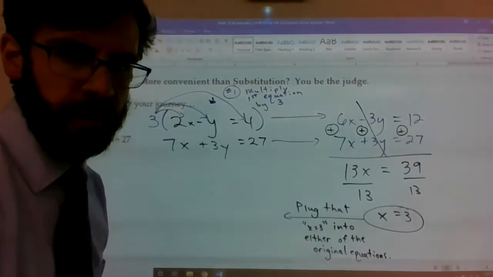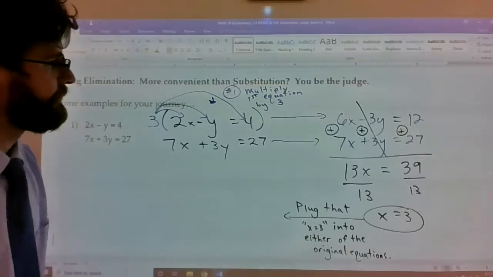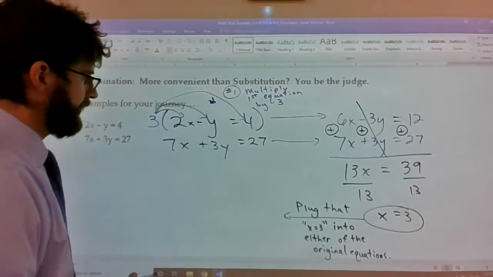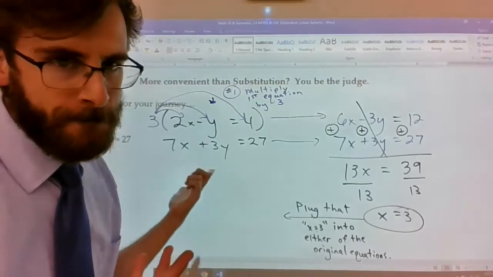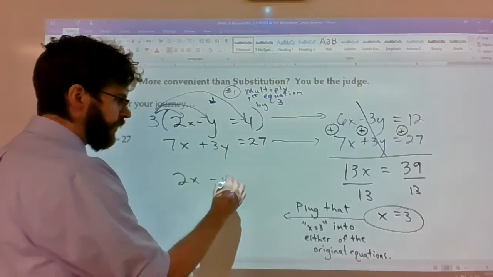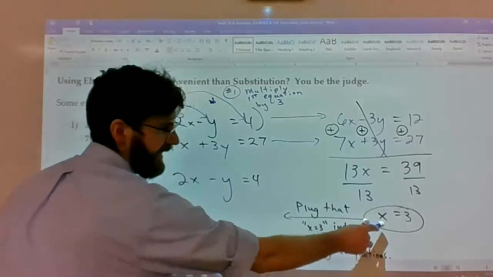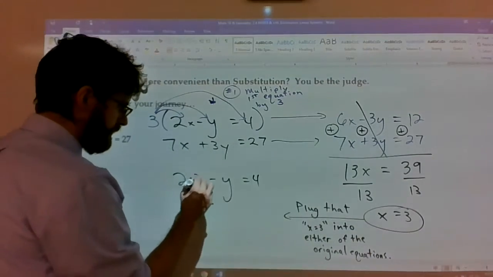Doesn't matter which one. You're just looking at which one's going to be more convenient for me. I like the 2x minus y equals 4 because they're smaller numbers. Although you guys might like this one because there's no negatives to deal with. You be the judge. So I'm going to do 2x minus y equals 4. Instead of x, I'm going to plug in x equals 3.